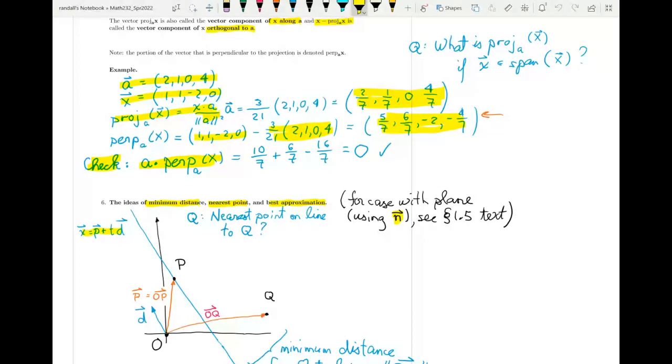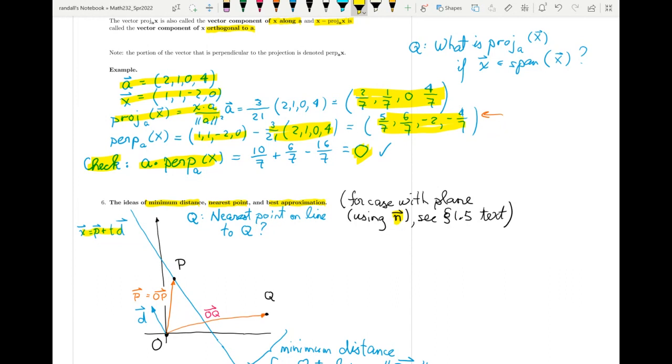Second component, 1 times 6 over 7. Third component gives me 0. Fourth component is 4 times minus 4 over 7, which is minus 16 over 7. And indeed, it is 0. So this gives me confidence that that is the correct answer, and I didn't make an algebraic error. If it didn't turn out to be 0, I would go back and check my calculations.